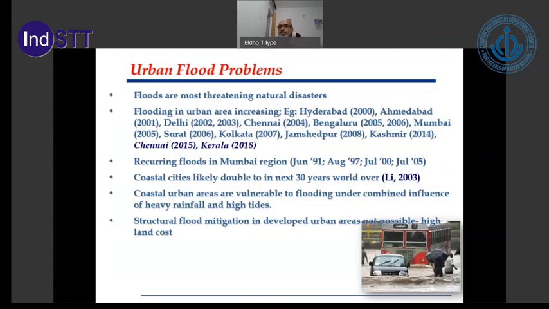When we look into the problems of urban flooding, as I mentioned, flood is the most threatening natural disaster.